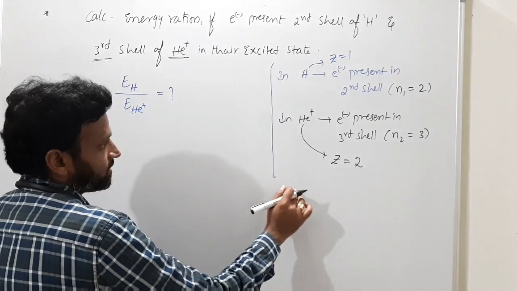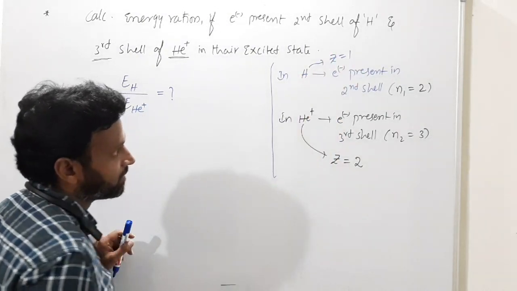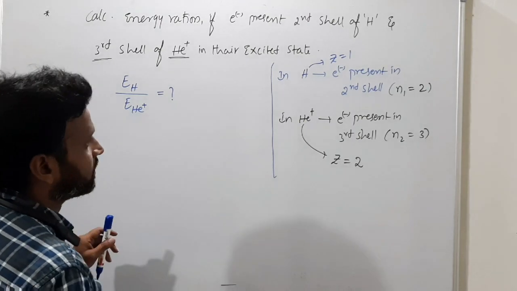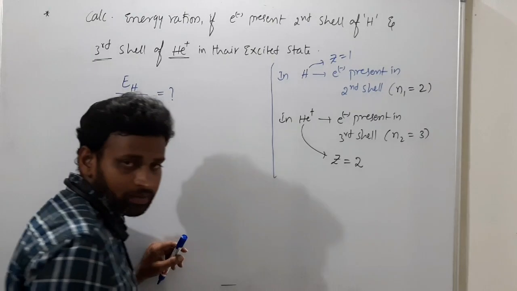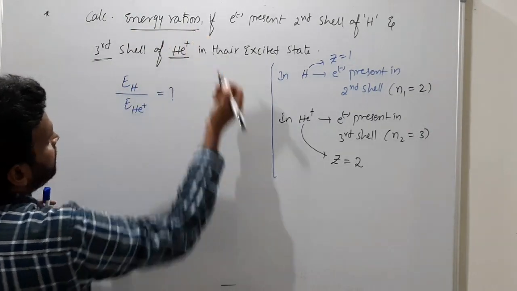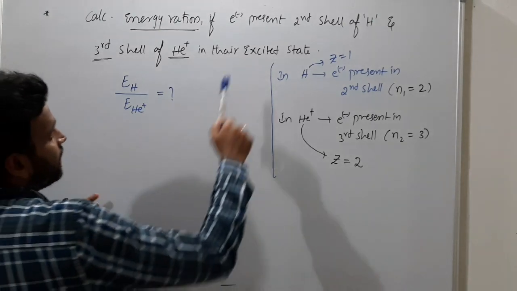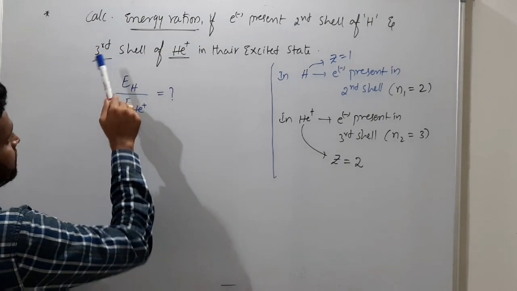So He+ has atomic number 2, hydrogen has atomic number 1. What is the difference here? Atomic numbers are different and the shells are also different. The question asks for an energy ratio. In hydrogen, the electron is present in the second shell, and in He+, the electron is present in the third shell.